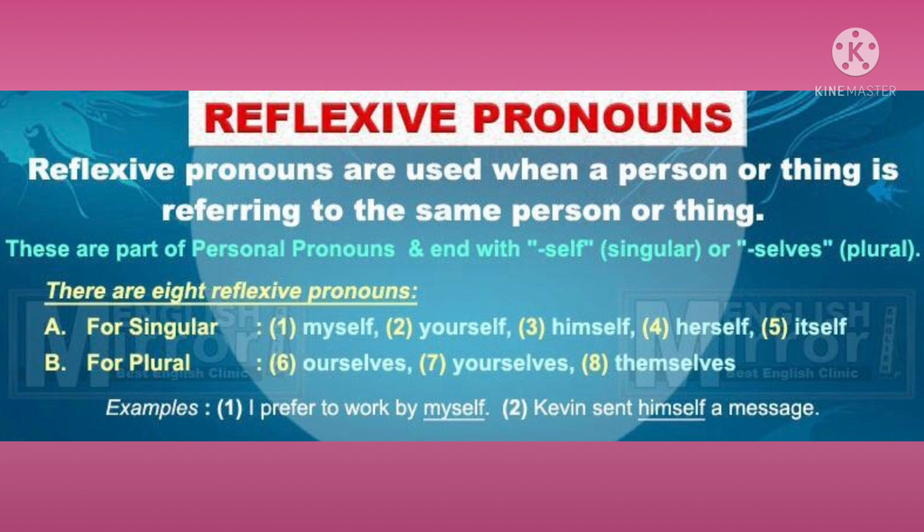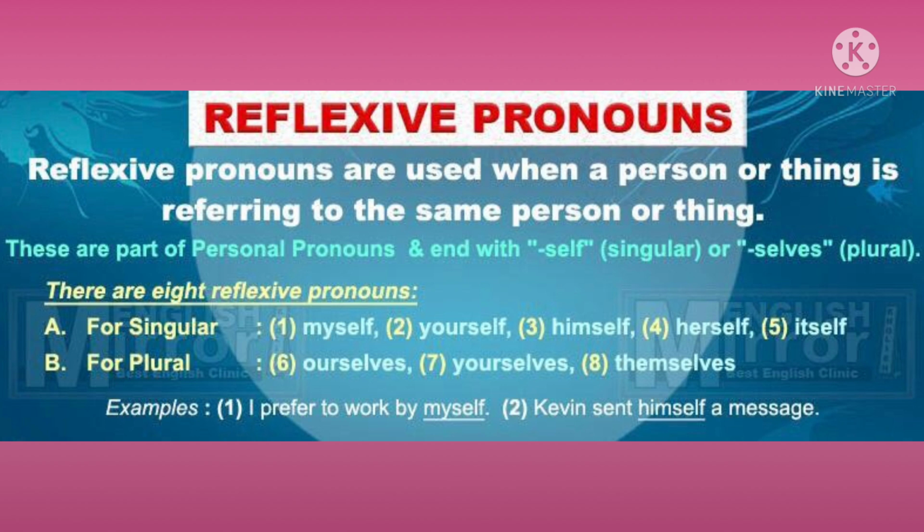Listen to the example very carefully. I cooked food myself. Who is the subject? I. And at the last, to whom am I referring again? Myself. When you are referring to the subject again, that is called a reflexive pronoun.